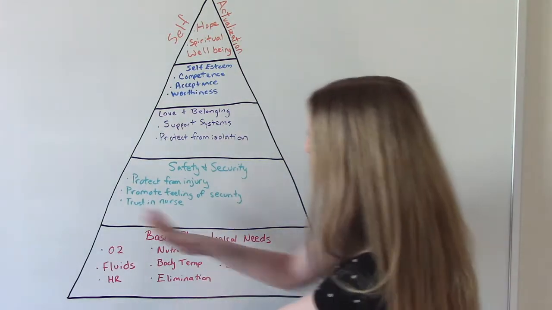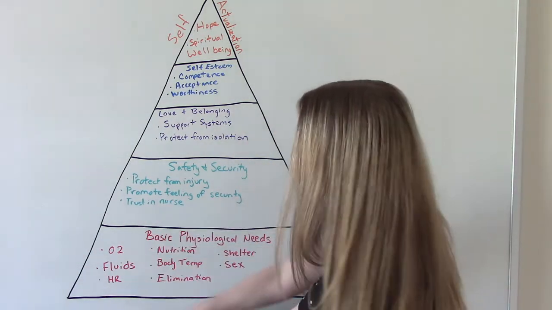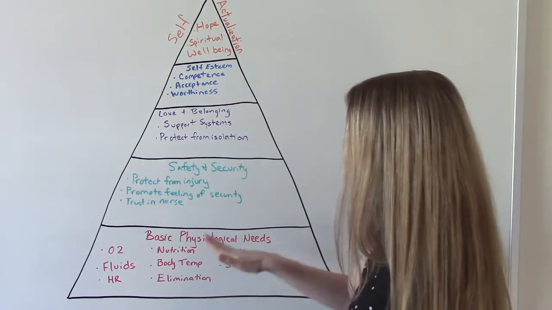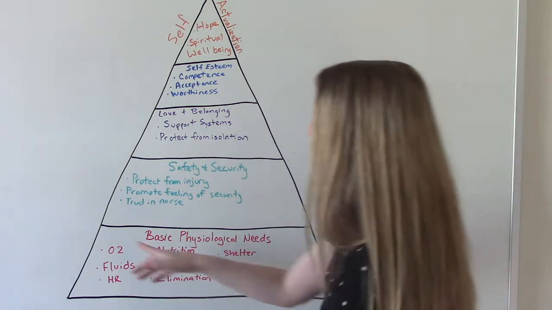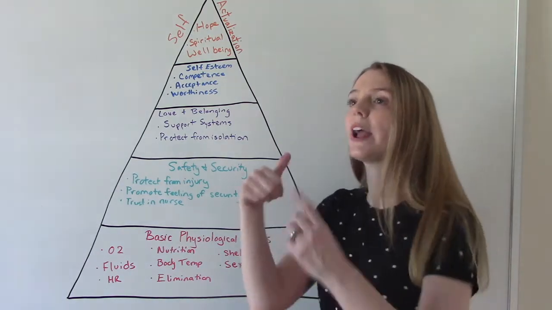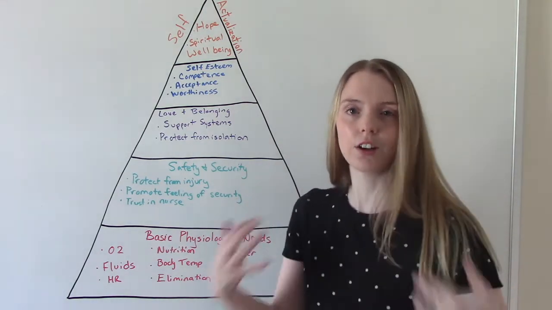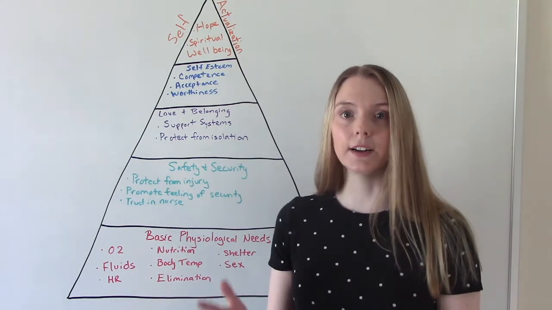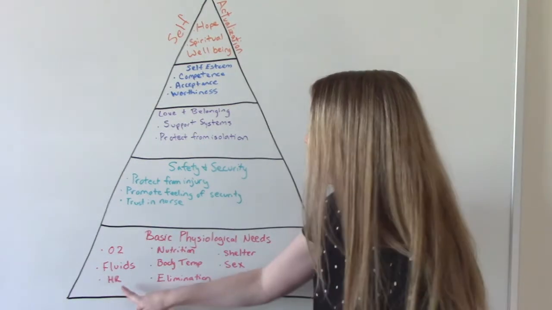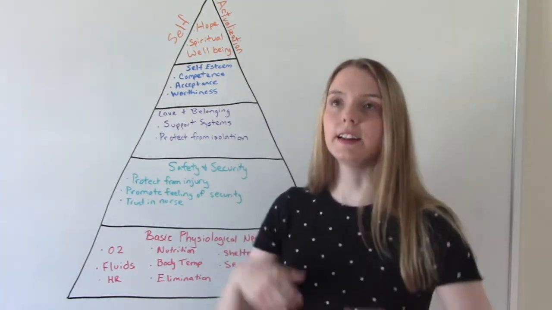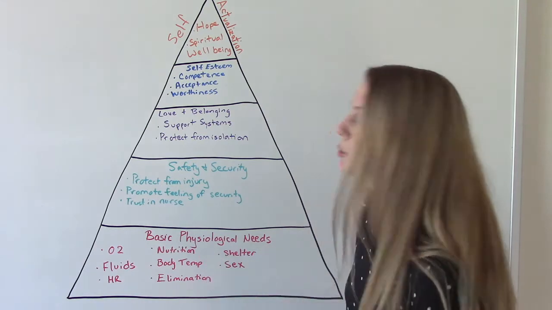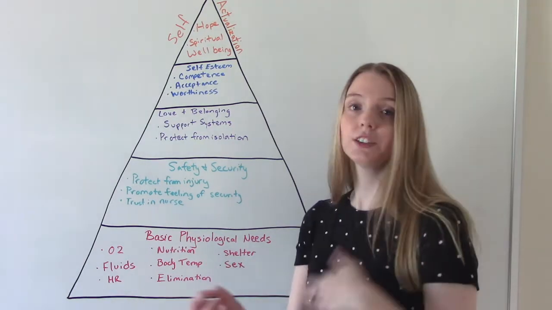So at the most basic, the bottom is what we need the most to survive, and then it goes up. So basic physiological needs. This includes oxygen status, so airway, breathing, respirations, all that stuff, right? Our fluids, they need to be in balance, our fluid and electrolyte balance. Our heart rate, how's our heart beating? Is it a good rhythm? What's the contractility like? Our nutritional status, are we overnourished, undernourished?